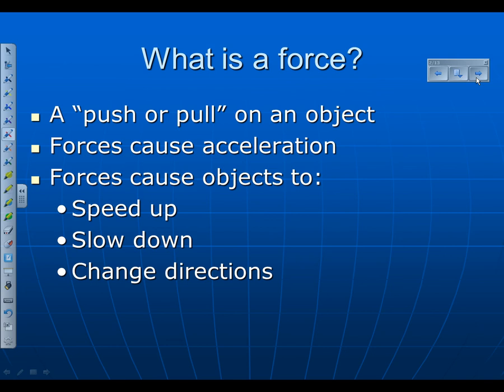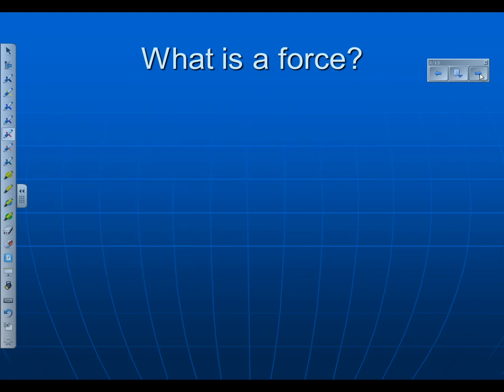Yes, they are what causes acceleration. Okay. I answered my own question. All right. Okay. Continuing on.